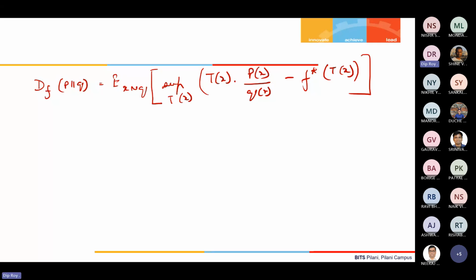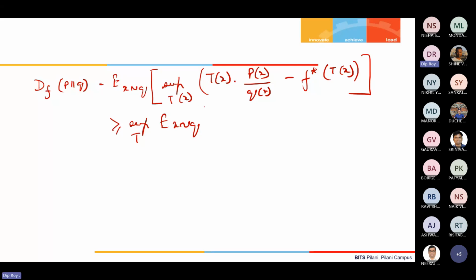Now, in this kind of setting, this is an expectation and this is a supremum. We can always make it like this: we'll take the supremum outside and bring the expectation inside.